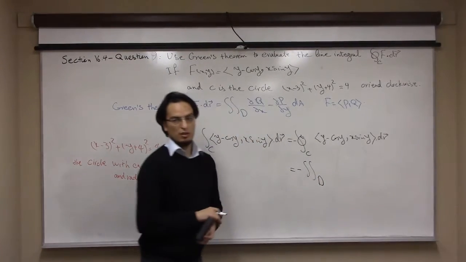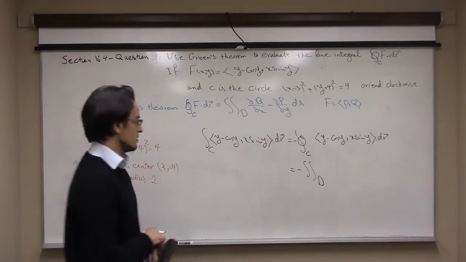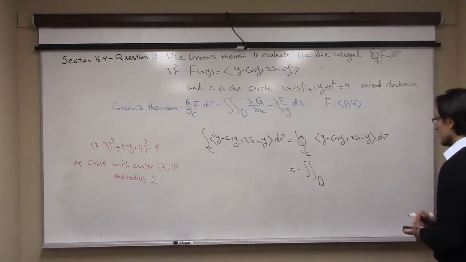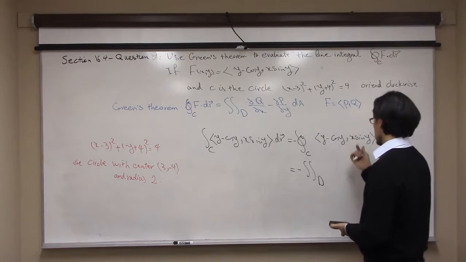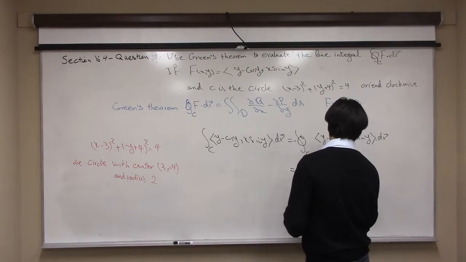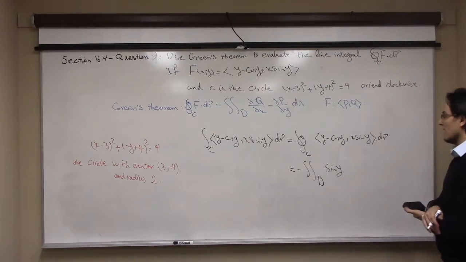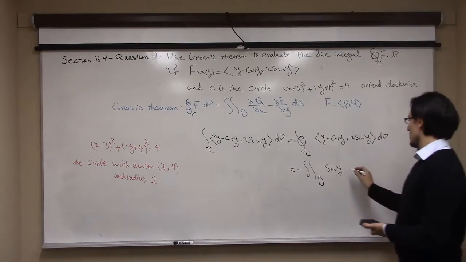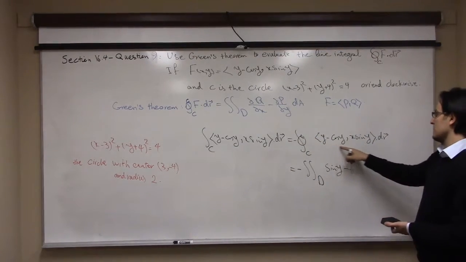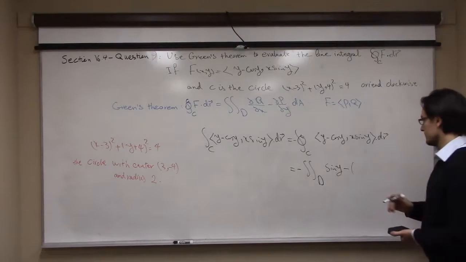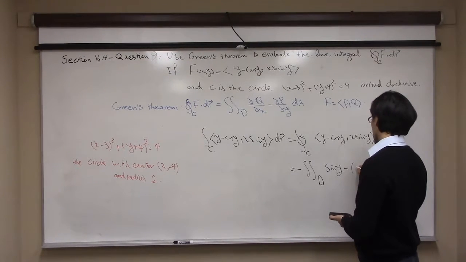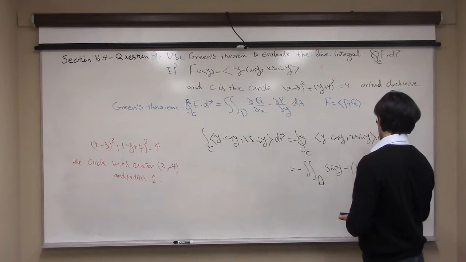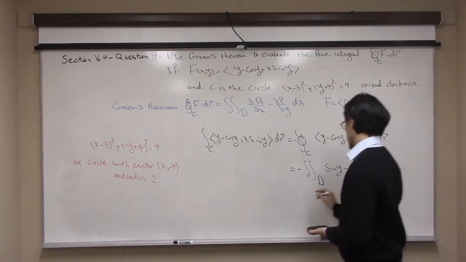It is equal to this double integral, which is over the disk inside the circle. Find the partial derivative of this with respect to x, which is dQ/dx, minus the partial derivative of this with respect to y, which is 1 minus sine y, dA.